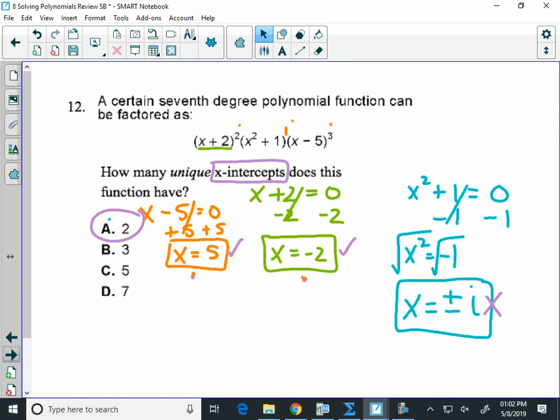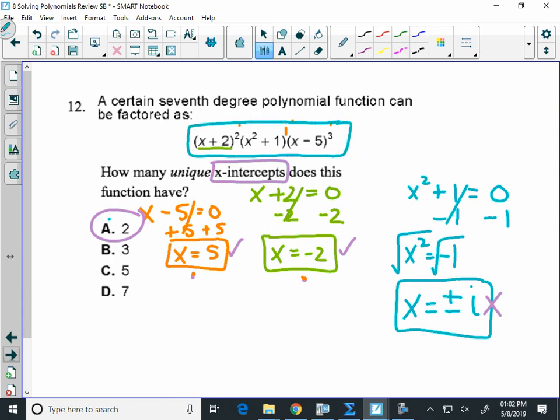Okay. A shortcut to this would have been just to plug the entire thing into your calculator. Okay. We're going to go to our calculator and type it in.